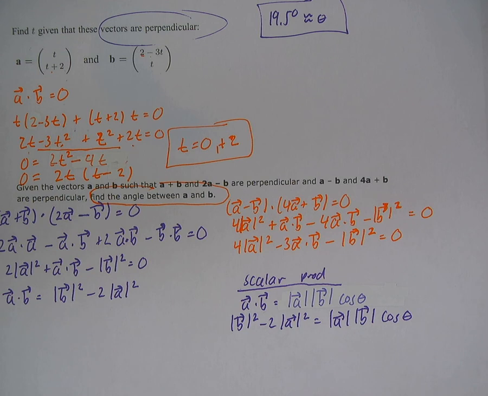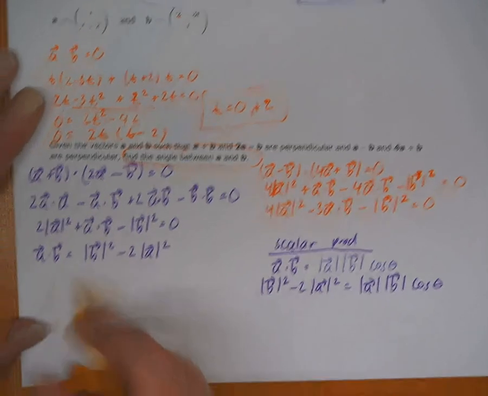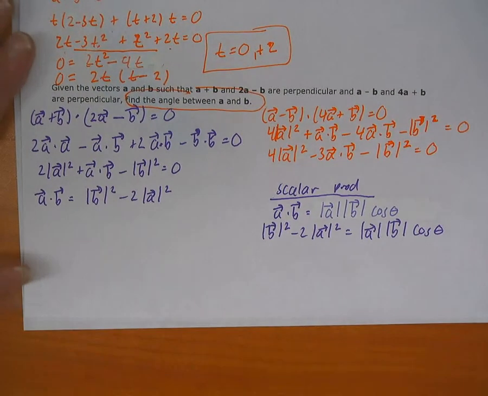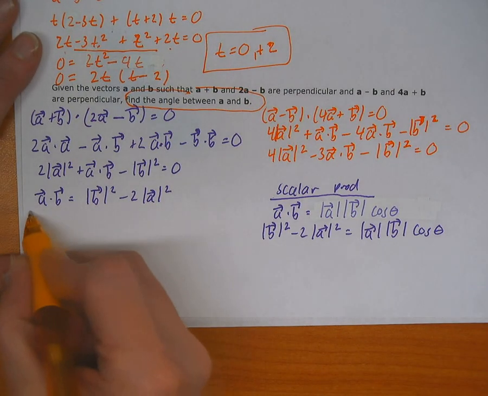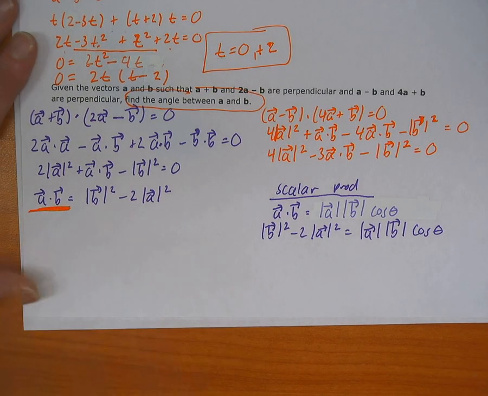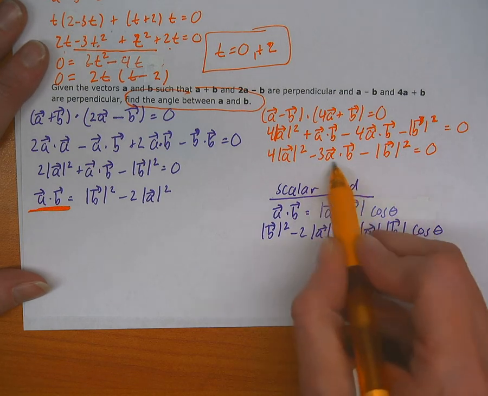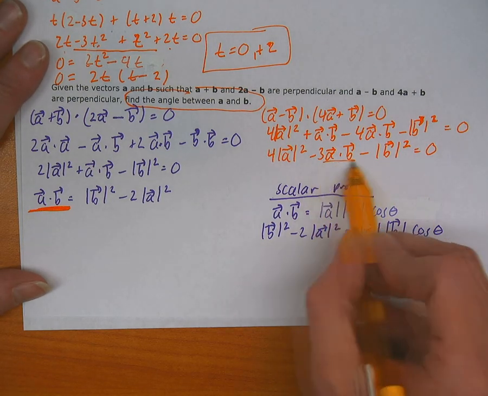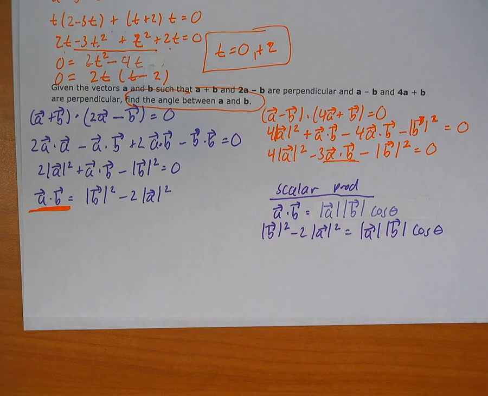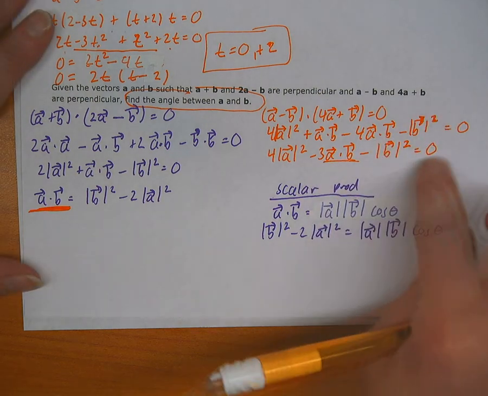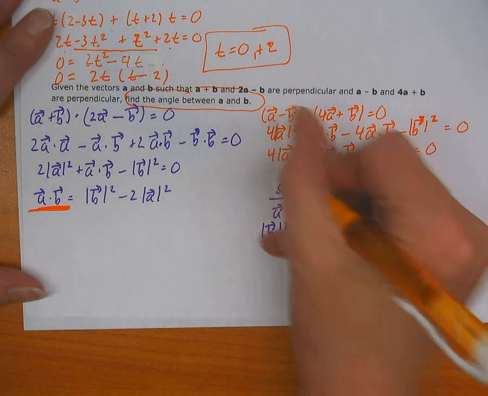And here's something I'm noticing. I've got this relationship here, and then what if I got A dot B alone here? What would that look like if I got A dot B alone? Or what if I compared their sizes? So let me get three vector A vector B alone.